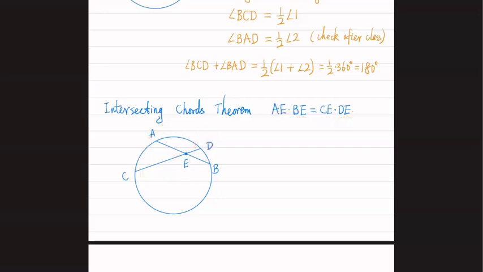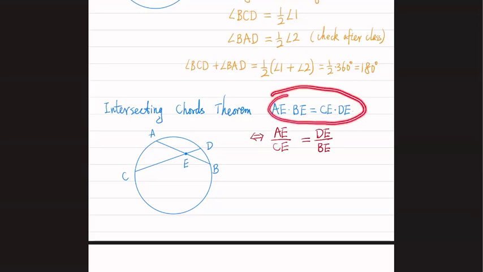Since we want to prove that the products are the same, it's sufficient to prove the quotients are the same.